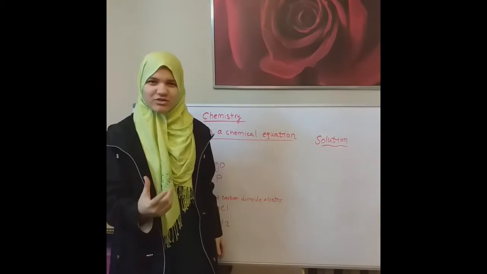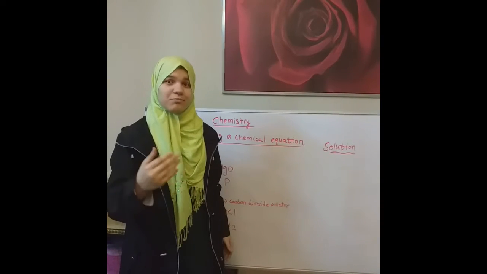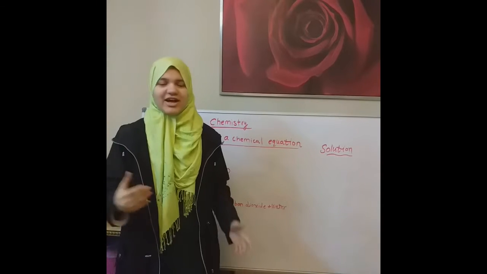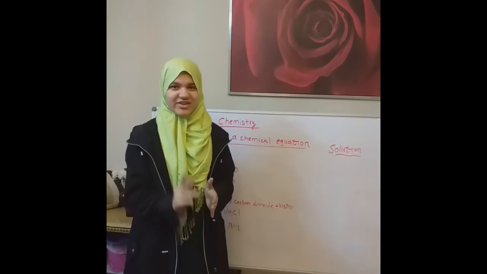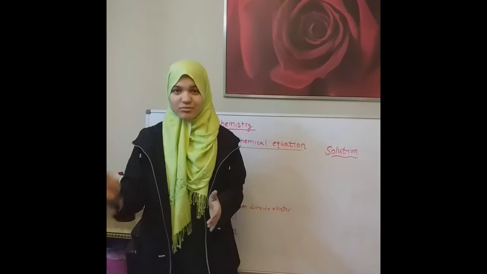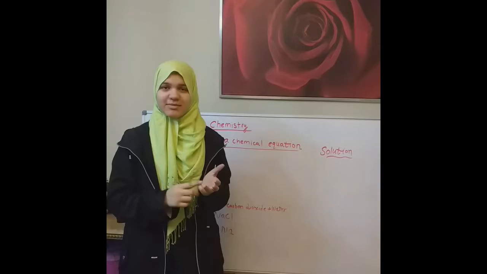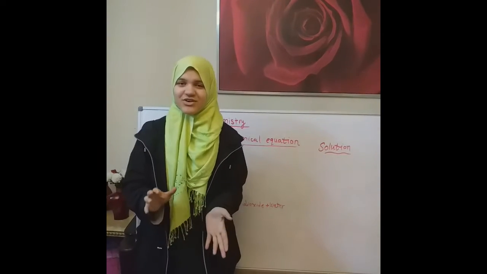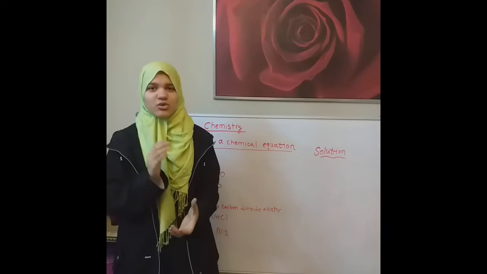We know that the language of chemistry is by numbers and by symbols of the elements or for the compounds or other things. For every element there is a symbol, and for every symbol there is atomic mass, atomic number and the valence number. So today we will talk about how to balance a chemical equation.